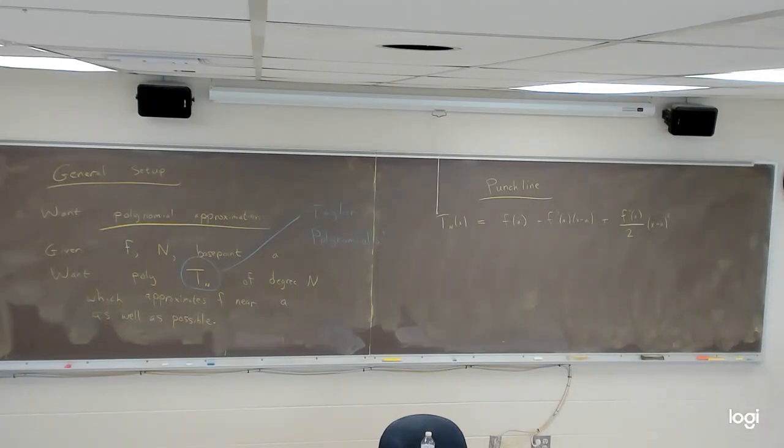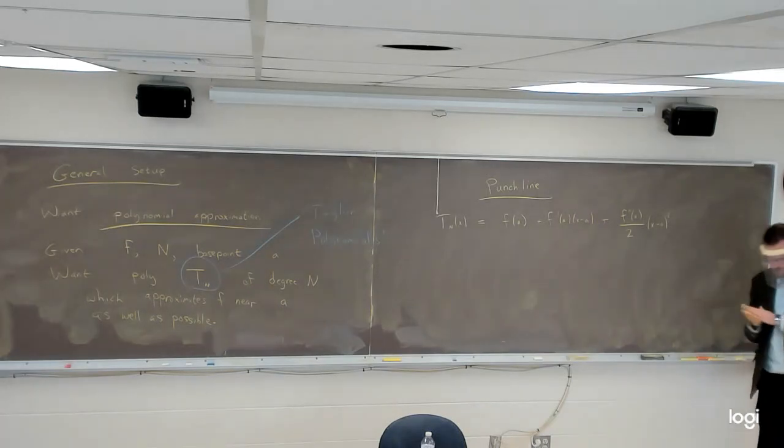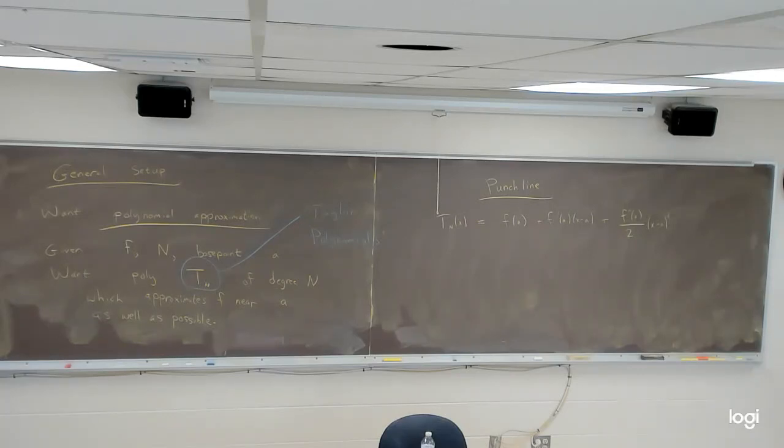So I want to pause here and say a little bit about the form of the polynomial. If I say to write down a polynomial of degree 2, I might think a plus bx plus cx squared. Right? Quadratics have an x term and an x squared term. Actually, if I'm a little clever, I could write an arbitrary quadratic as something like this.